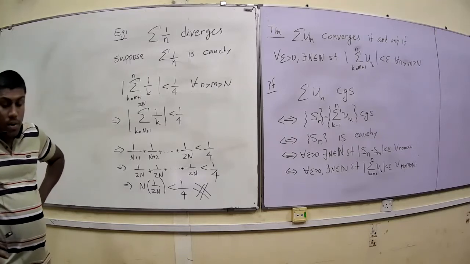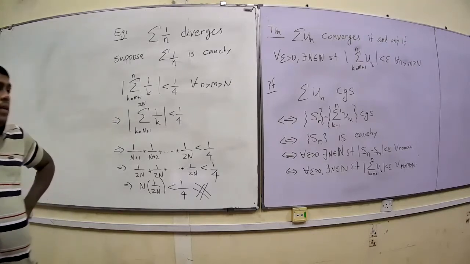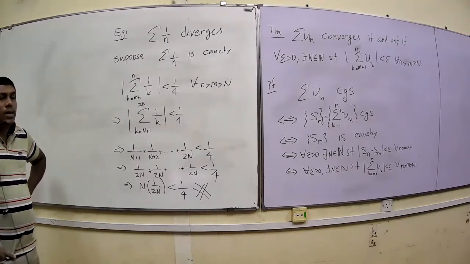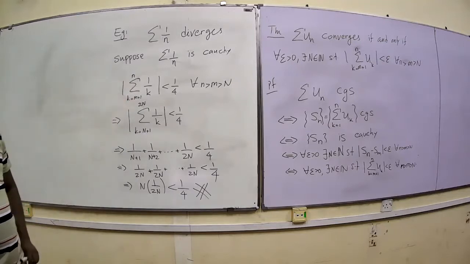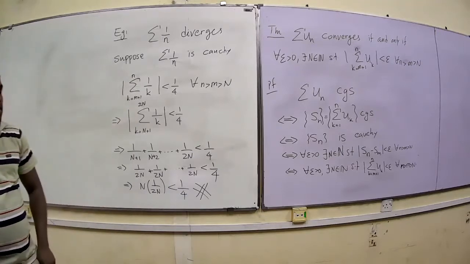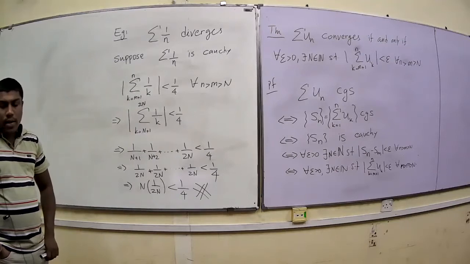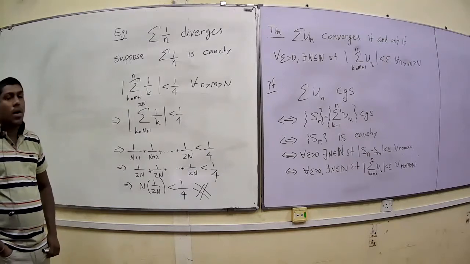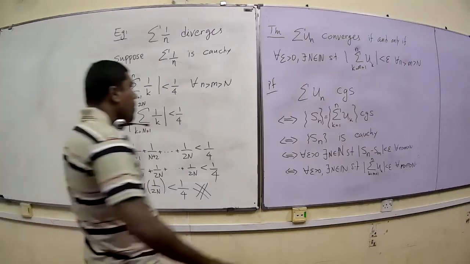So now we are going to see another convergence result which we saw for sequences, the monotone convergence theorem. We talked about the limit first, and then Cauchy. Now we are going to see how we can apply monotone convergence to the convergence of series, so that is another theorem we are going to prove.